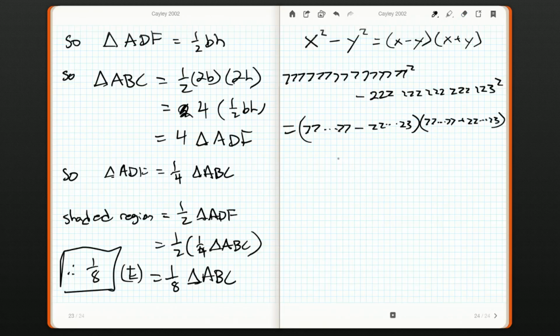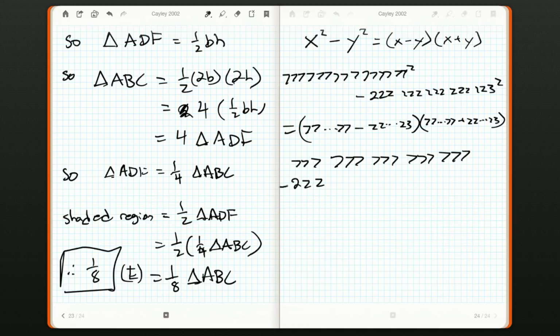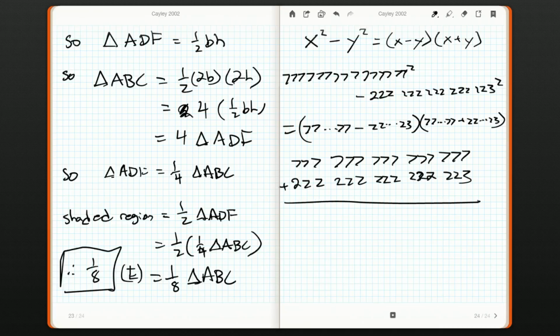And this sum catches my eye because if I perform this sum, I think it turns out to be a power of 10. So 7 plus 3, that's a 0, and then we carry the 1. Oh, look at that, that's 10. Oh, look at that.